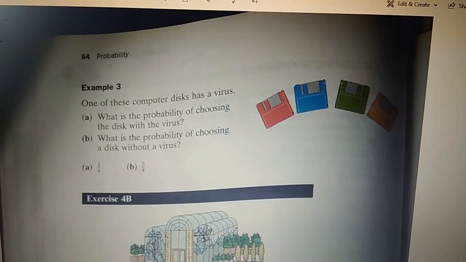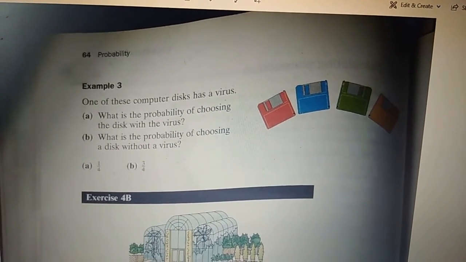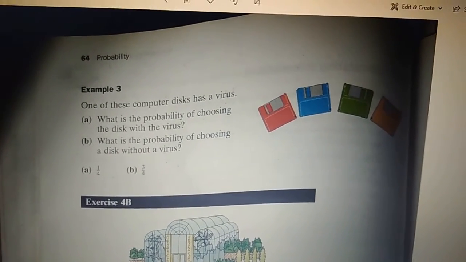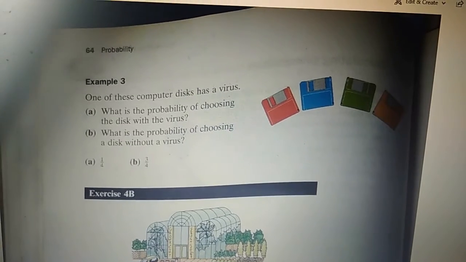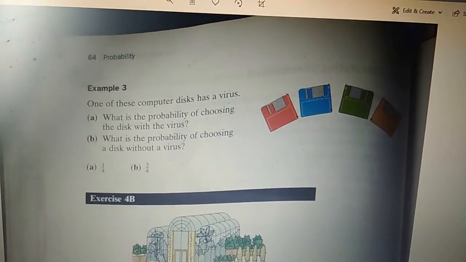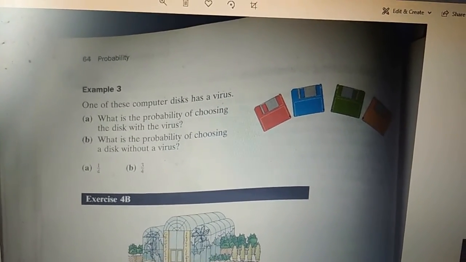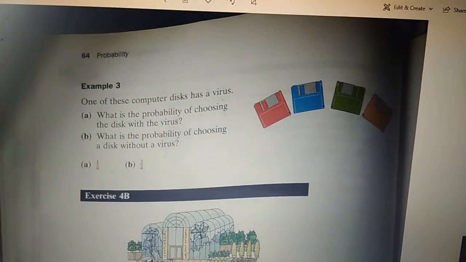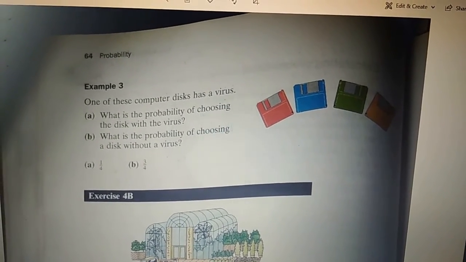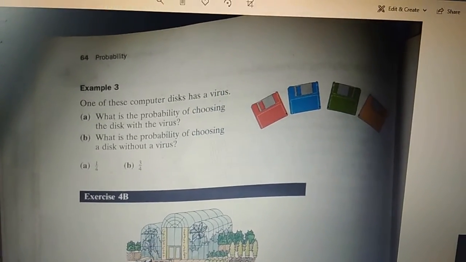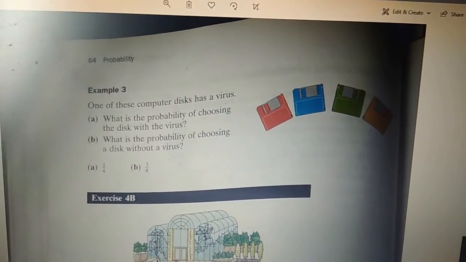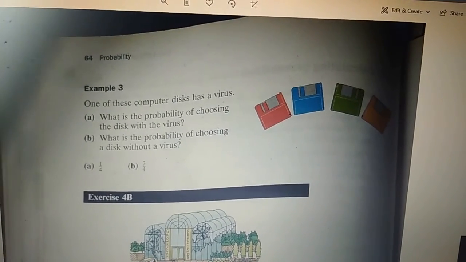So as just one out of the four has the virus, the probability will be 1 by 4, and the rest 3 don't contain any virus, so the probability of choosing a disk without a virus will be 3 by 4. 3 is the successful outcome and 4 is the total outcome in B. And in A, 1 is the successful outcome, the disk with the virus, and 4 is the total outcome.